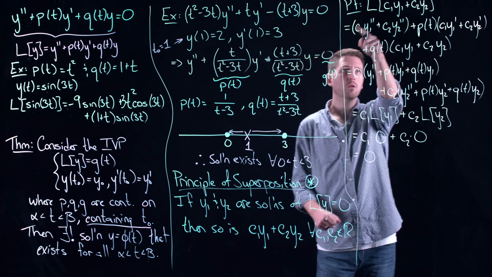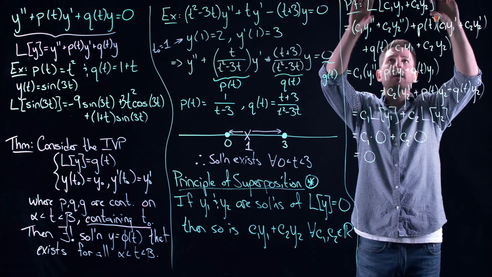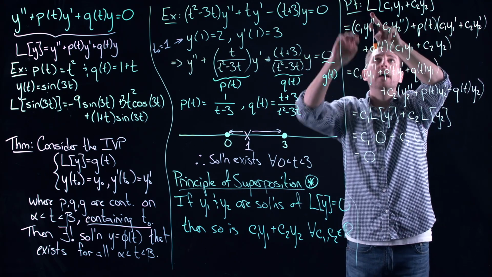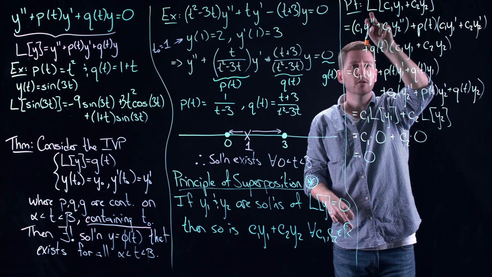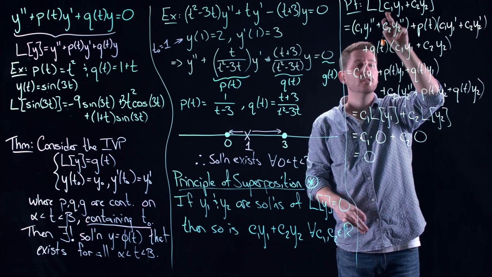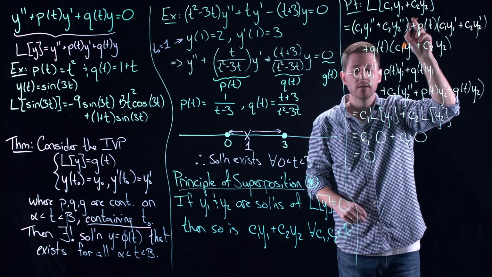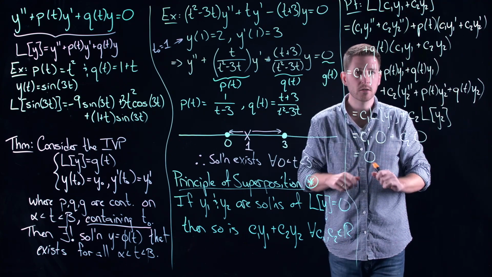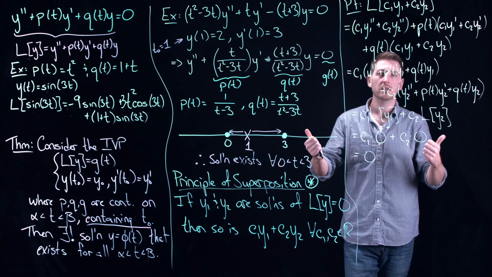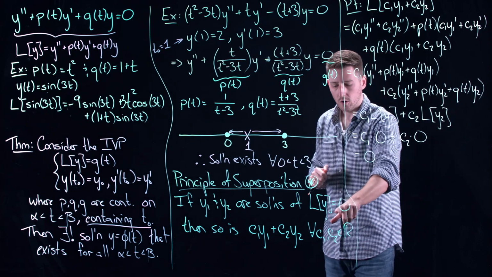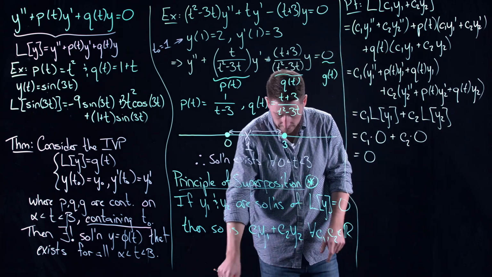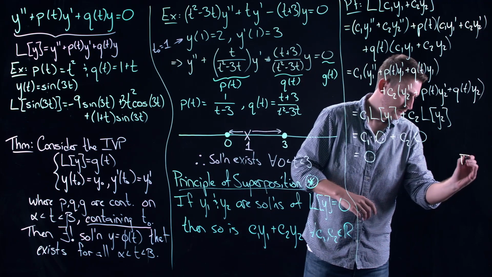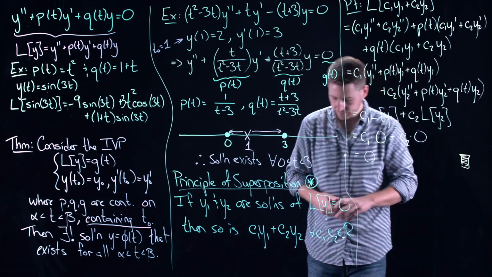So trace it all the way back up. If I look at the very first line, L, my differential equation, evaluated at the function C1 y1 plus C2 y2, when I put that function in the differential equation, I get 0. But when it's equal to 0, I know I've got a solution to the homogeneous equation. And that gives me exactly what I'm looking for.